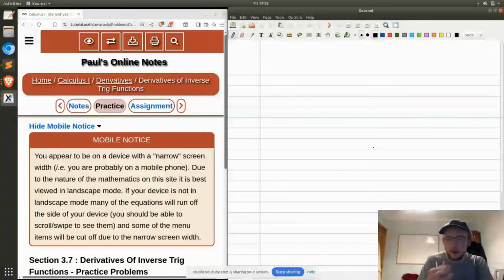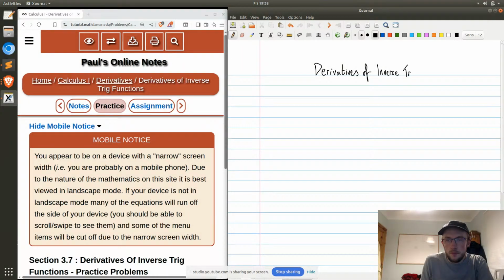Inverse trigonometric functions. What are the inverse trigonometric functions?